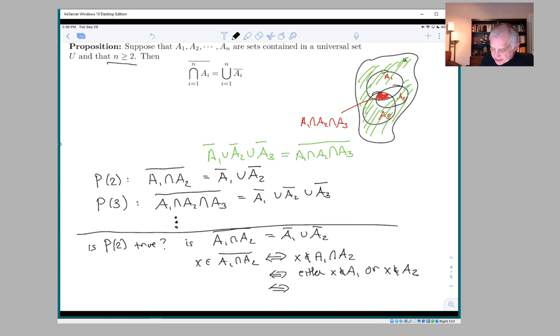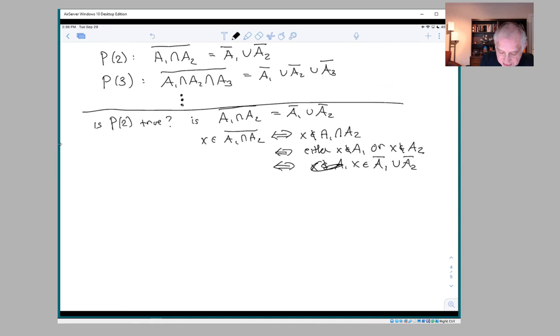And that's the same thing as saying that you're either in the complement of A1 or the complement of A2. So the case P of 2 is true.